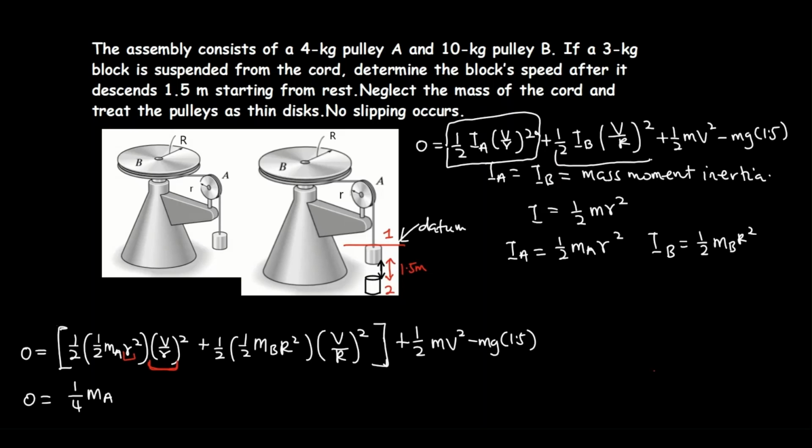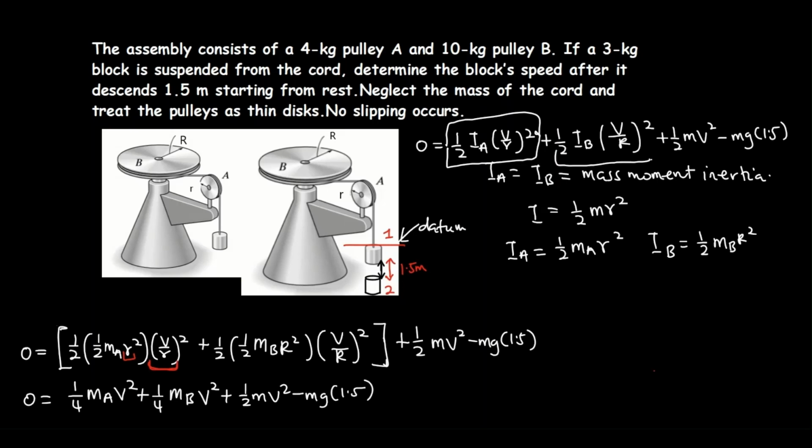So for that reason, you're going to have MAV squared plus 1 over 4 MBV squared, plus half MV squared minus mg multiplying 1.5.